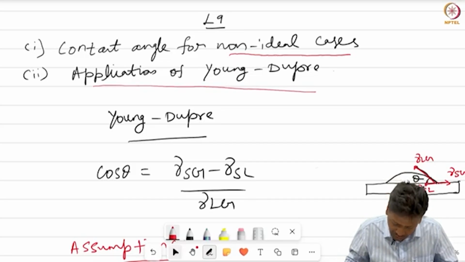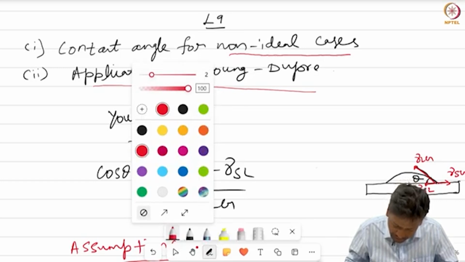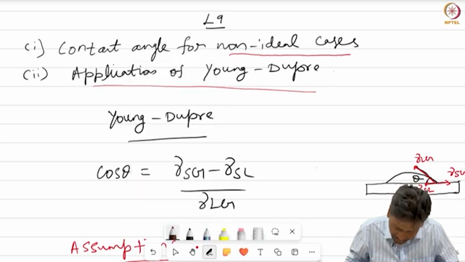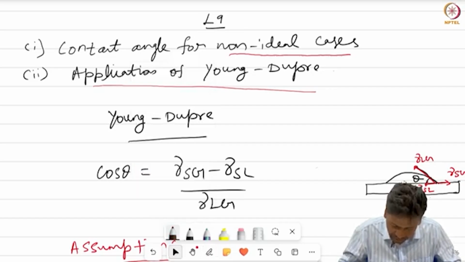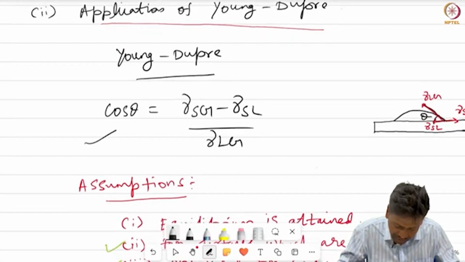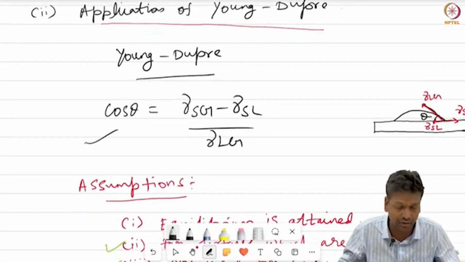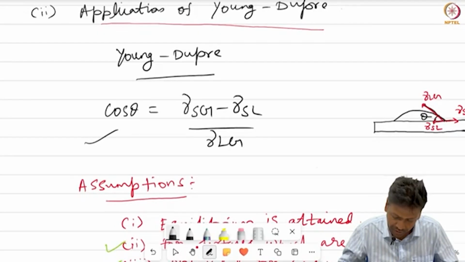All right. So we know that the contact angle in the Young-Dupre equation can be described in this way. This we have already looked at in the previous lecture. So this equation describes this phenomenon.